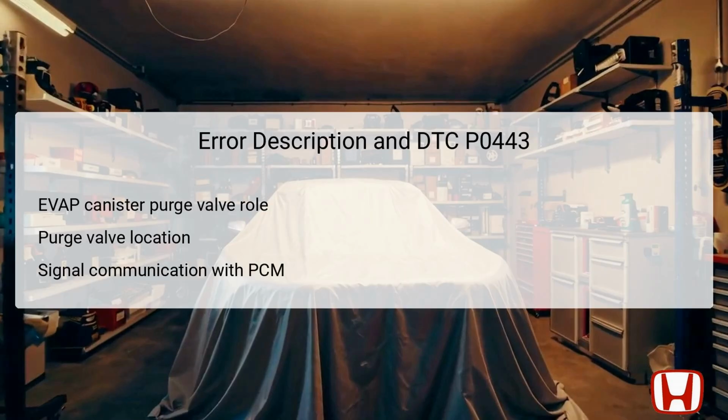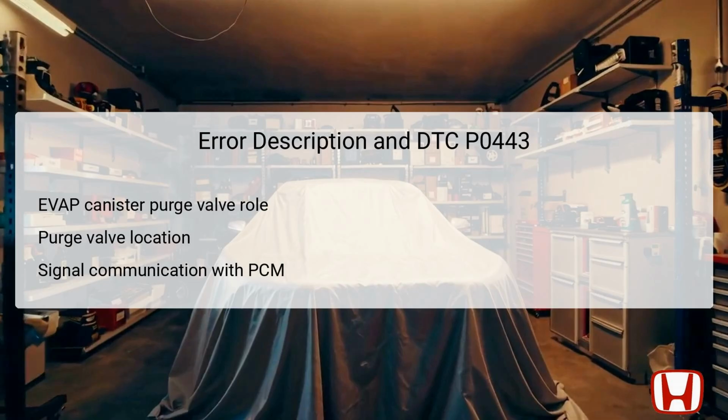The EVAP canister purge valve's primary role is to manage the flow of fuel vapors from the EVAP canister to the intake manifold, ensuring these emissions are burned during combustion. This is essential for reducing harmful emissions released into the atmosphere.